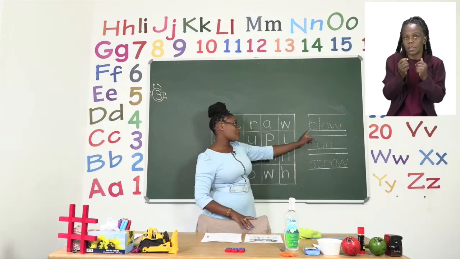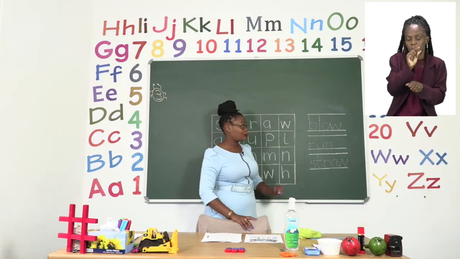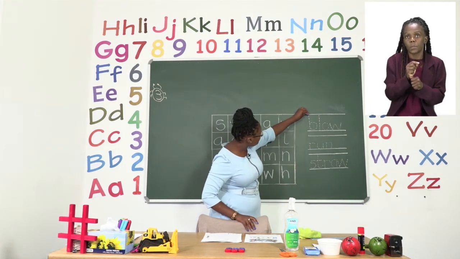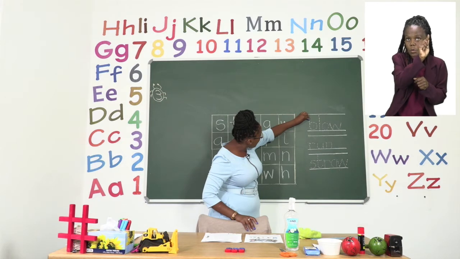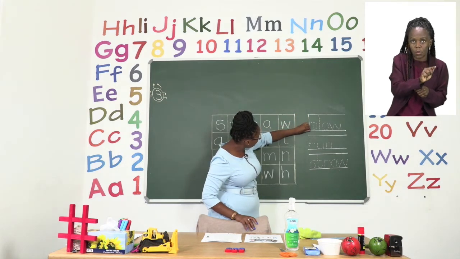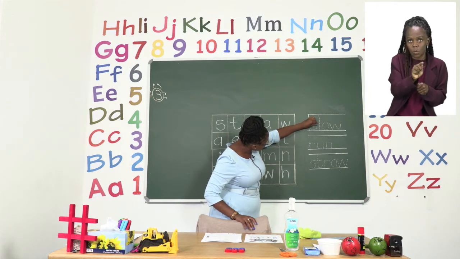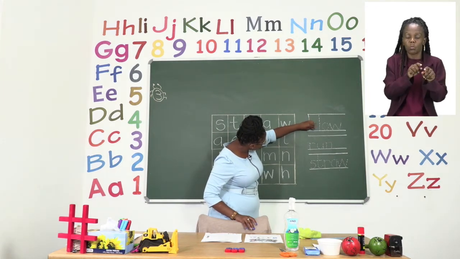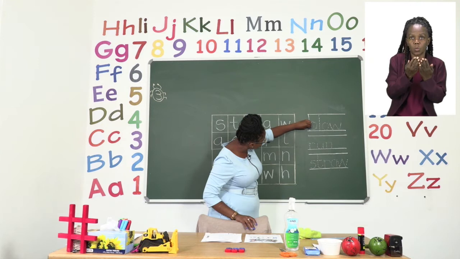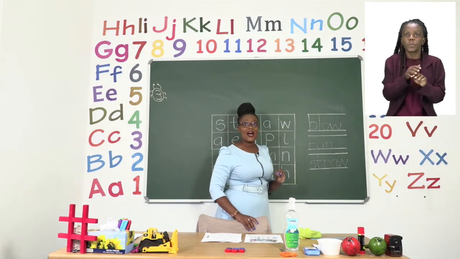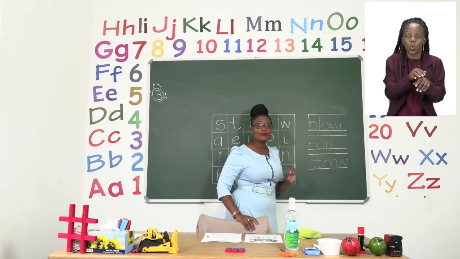Let us start with our first word, blow. We start at the top and we go down, up, and round. Please take your time. There is no need to rush. So that is our B for blow.